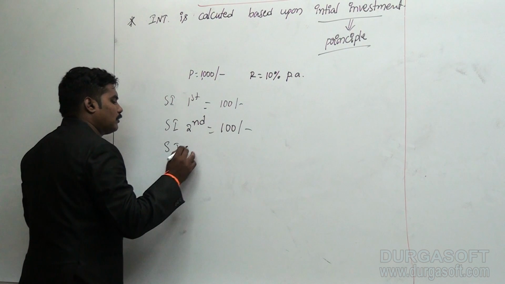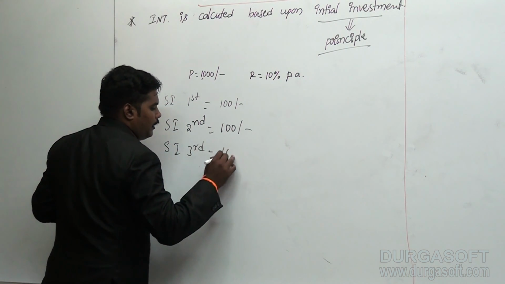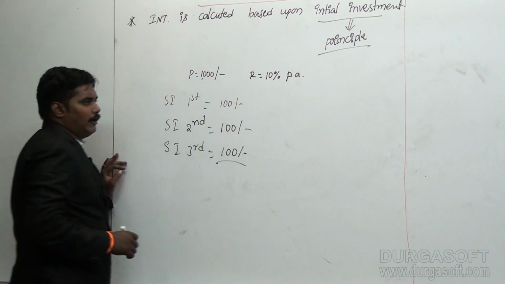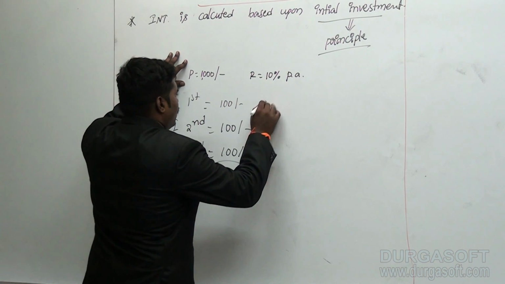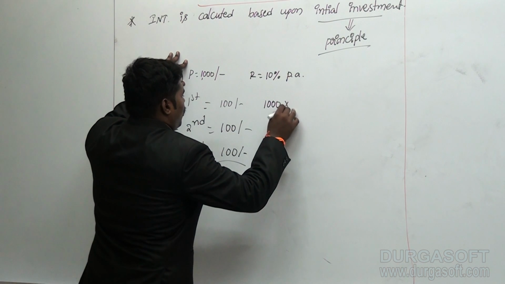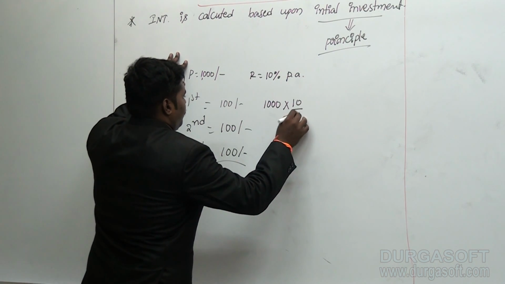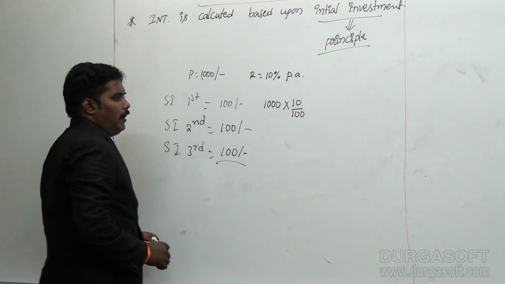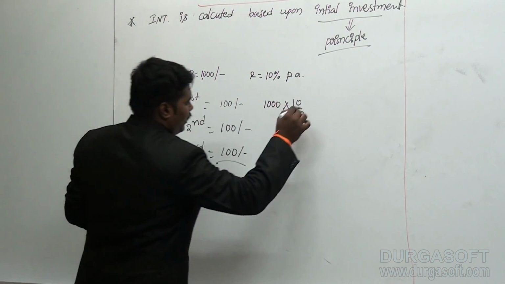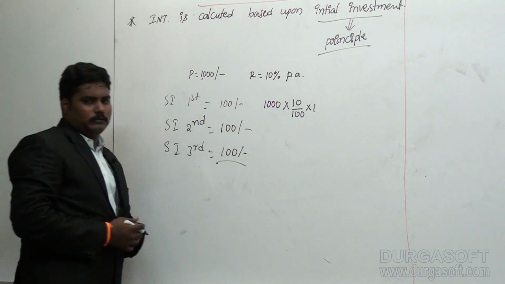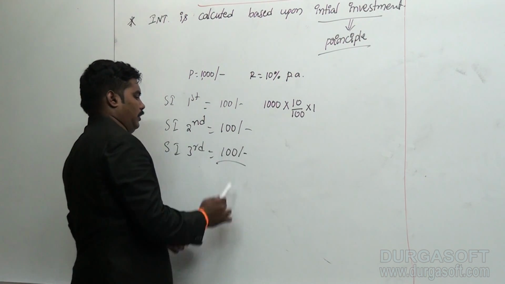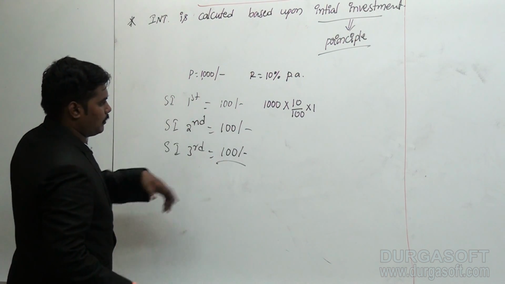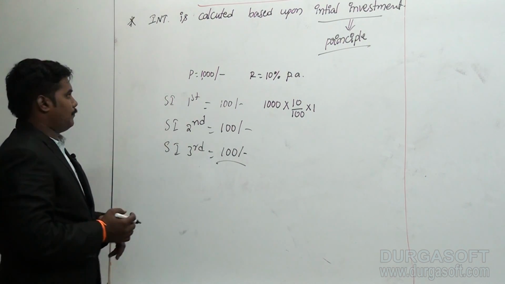Simple interest on the third year is also 100 rupees. So every time, interest is calculated based upon the principal. That means on the principal amount we are using the 10% rate of interest, that is 10 by 100. For 1 year I am taking, that's why I am using into 1. If I am using 3 years, into 3, directly you can get 100 plus 100 plus 100 in this concept.